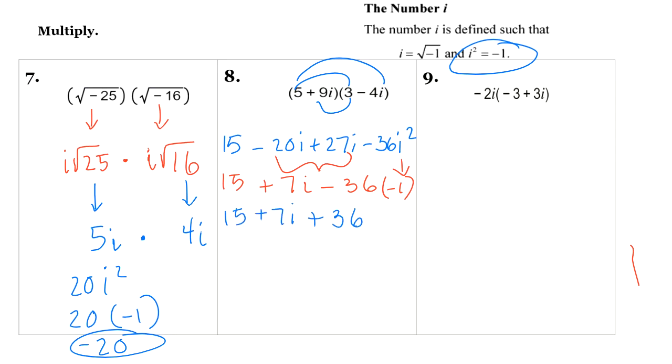So -36 times the -1 gives me a +36. Now I can combine the 15 and the +36, which is 51. And then I just keep my 7. Final answer is 51 plus 7i.